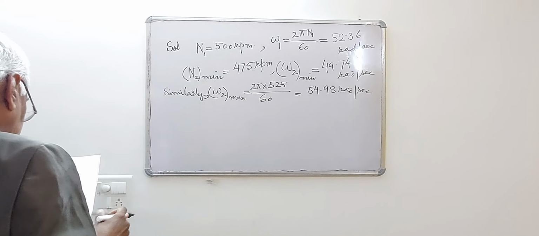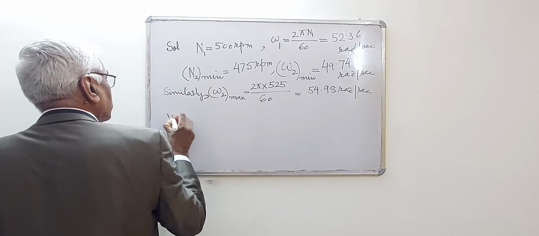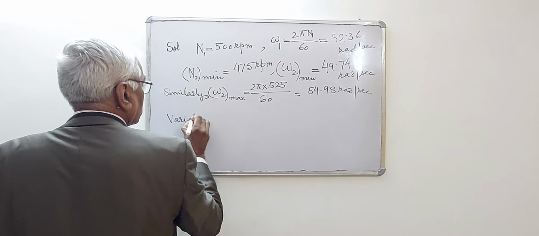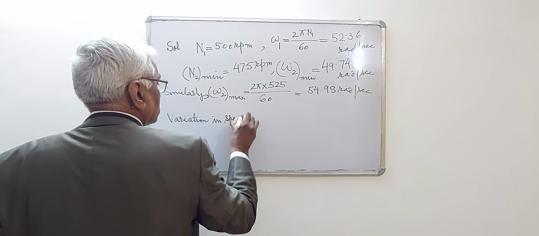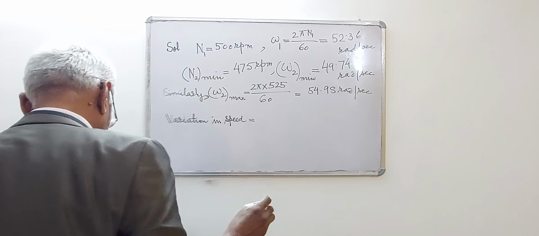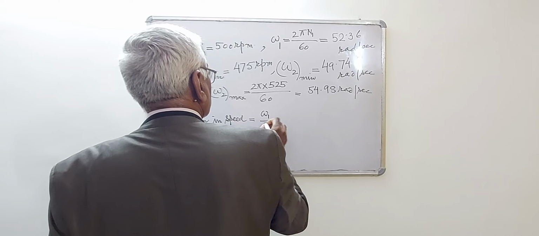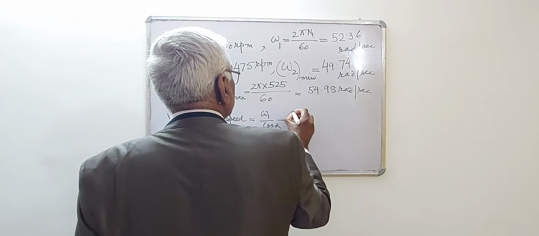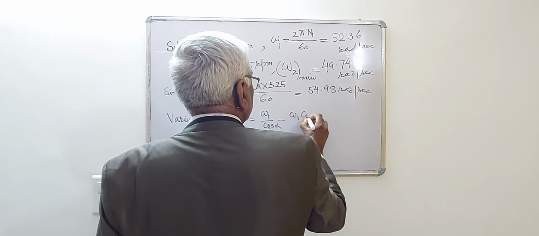The variation in speed, we know, is given by omega 1 by cos alpha, maximum speed minus minimum speed of the driven shaft.